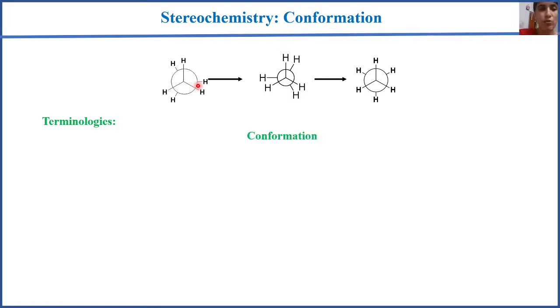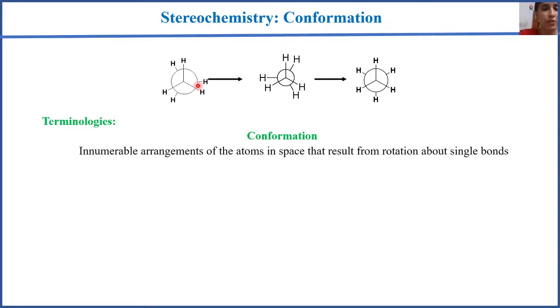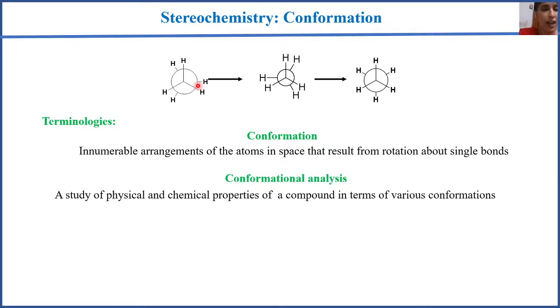Now, first we know about the term conformation. Conformation is the innumerable arrangements of the atoms in space that result from rotation about single bonds. Now, conformational analysis: a study of physical and chemical properties of a compound in terms of various conformations is known as conformational analysis.